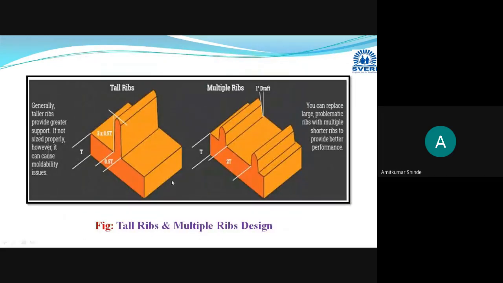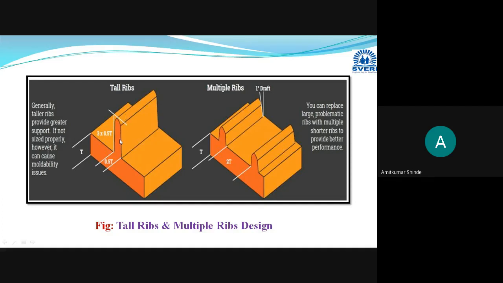Now these are some design considerations. While providing the rib, you can either go for a single tall rib, or the better design will be, instead of a single tall rib, to increase the number of ribs.